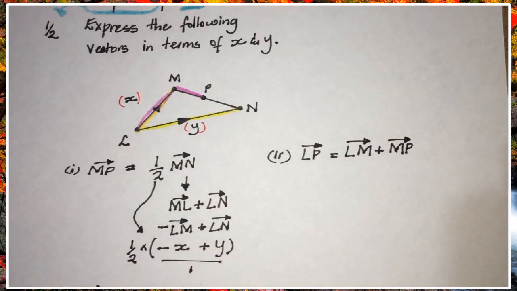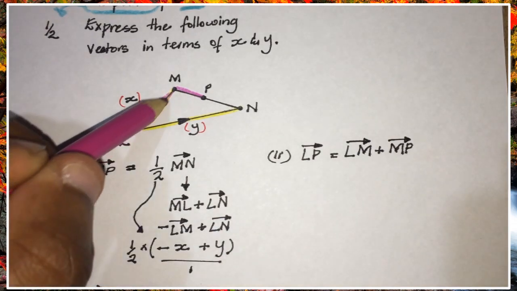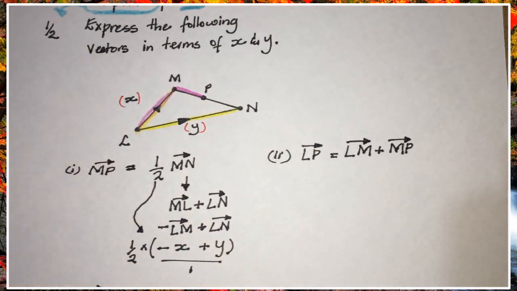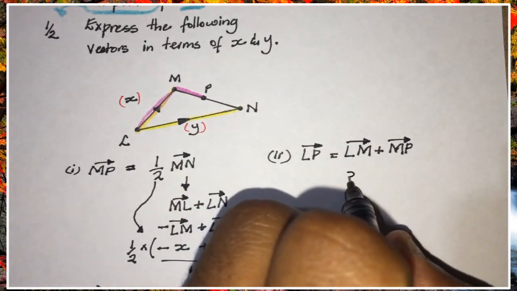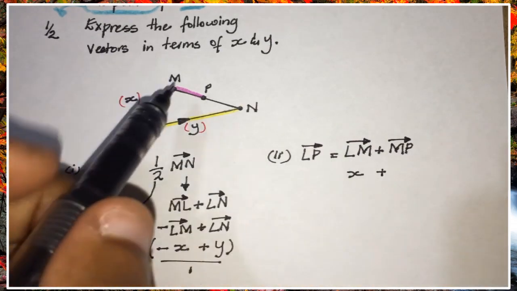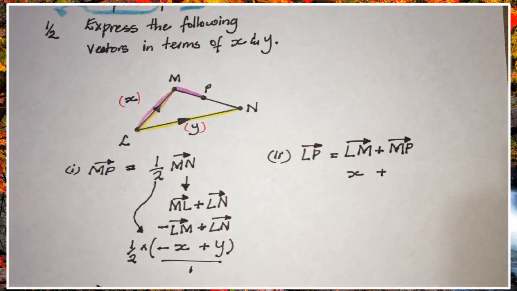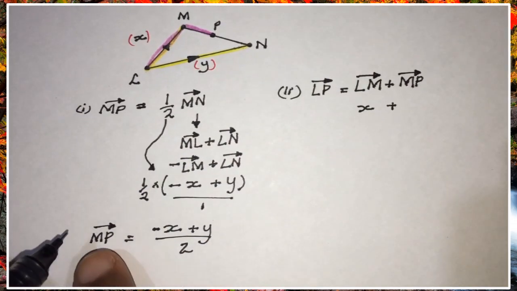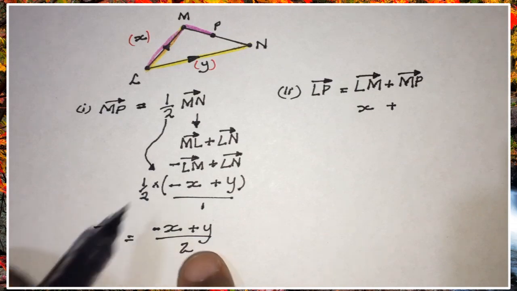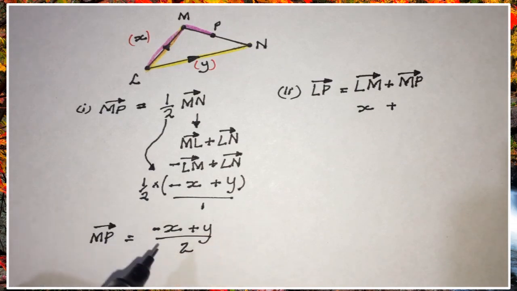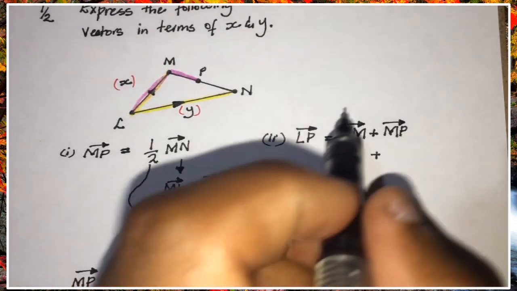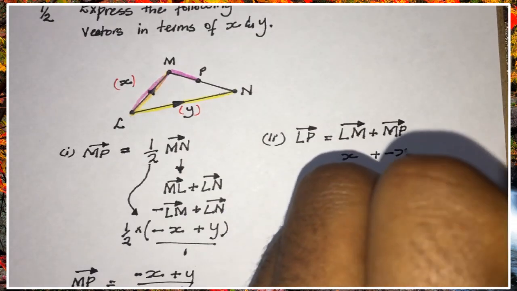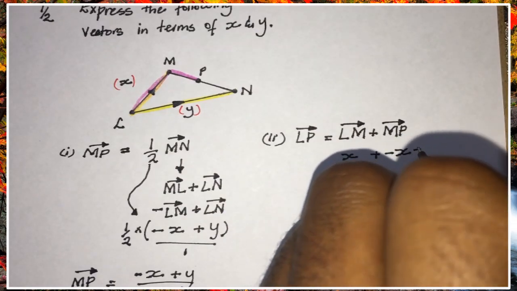So when we're moving L to M, this is with the vector. So it is going to be positive, and notice that it was X. And then when we were moving M to P, notice that was positive as well. And the answer from the previous question was M to P, which worked out to be this. So what we could do here is to put this answer right here. So M to P would have been minus X plus Y all over 2.